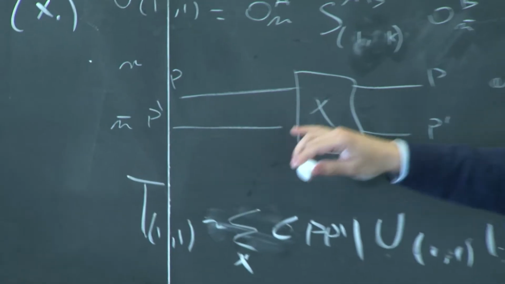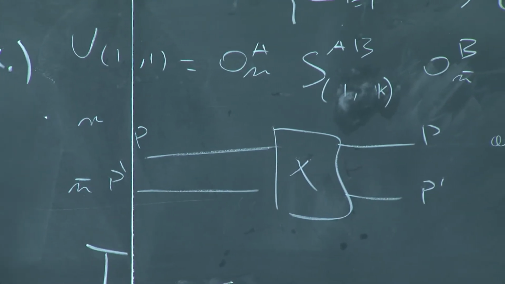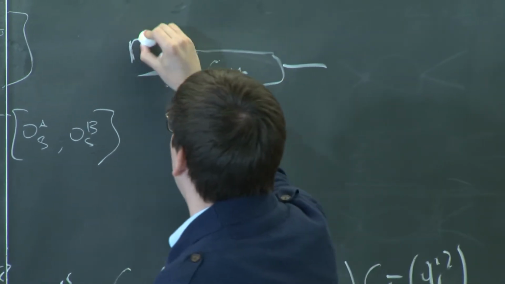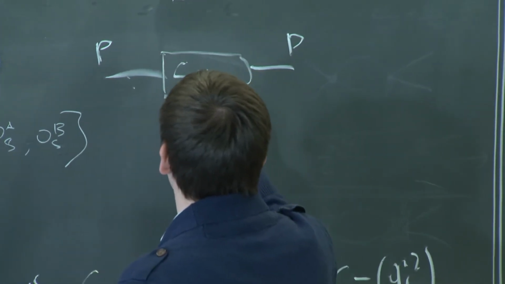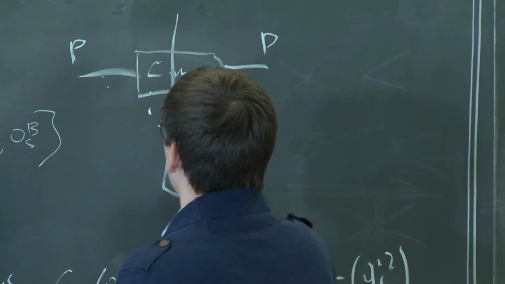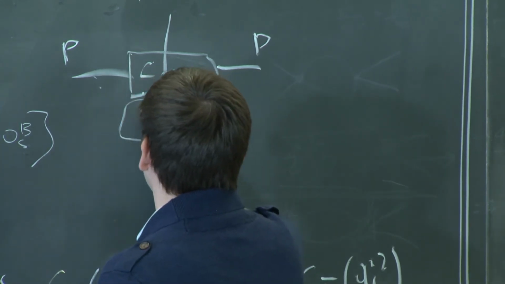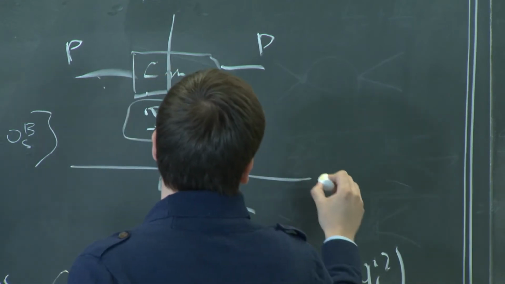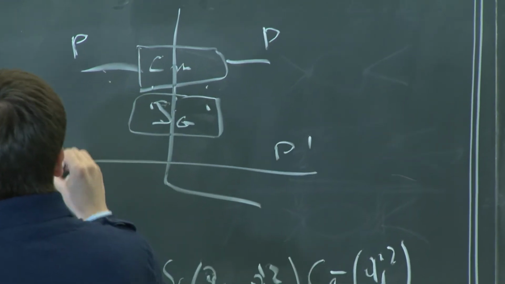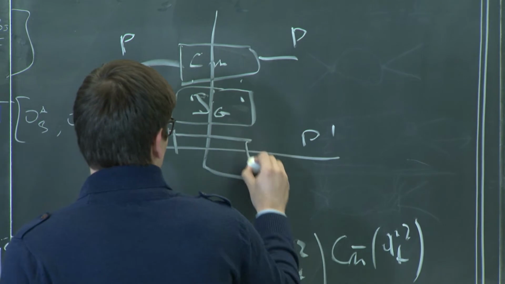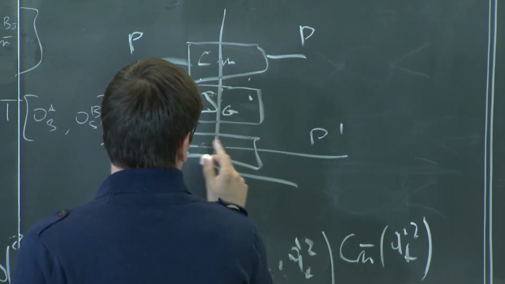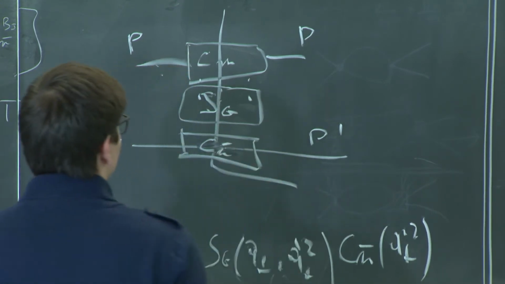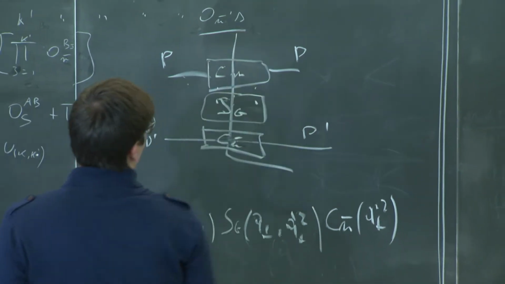I have n bar, and some soft guy. So basically I get something like Cn, some soft interaction, and then P prime with a Cn bar, which is related to this evolution.